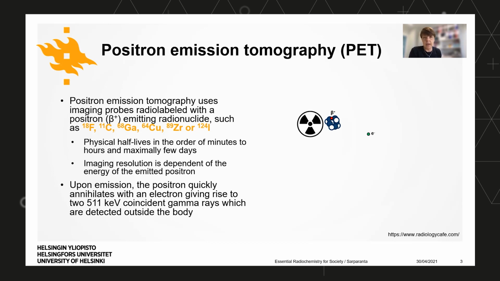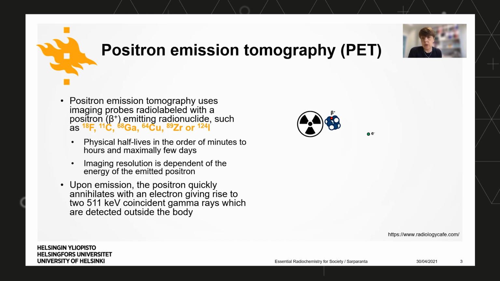All have physical half-lives in the order of minutes to hours and maximally a few days. And obviously, when we think of the scope of immunological responses and the time frame those occur in the body, we would like to be in the longer range of physical half-lives in order to trace the cells.